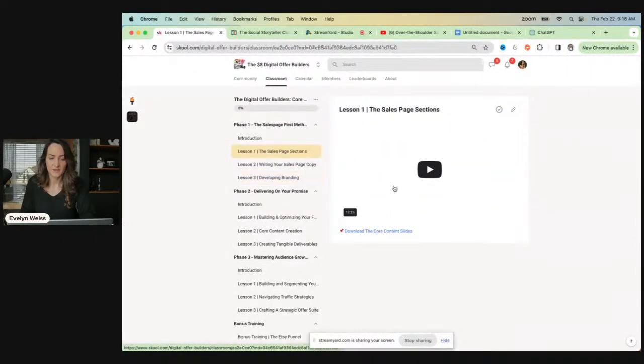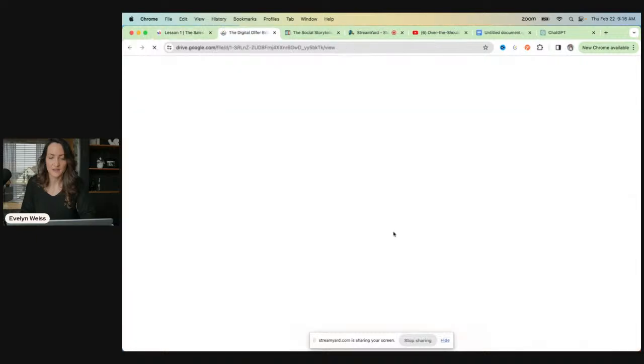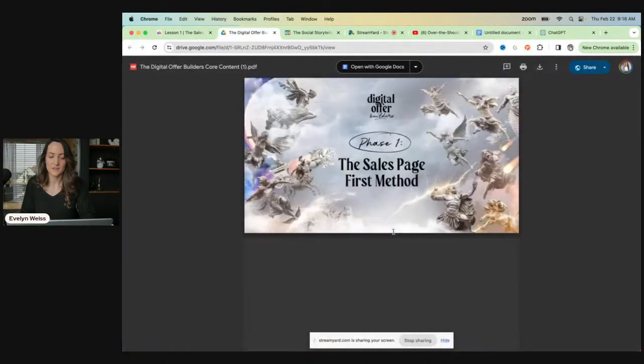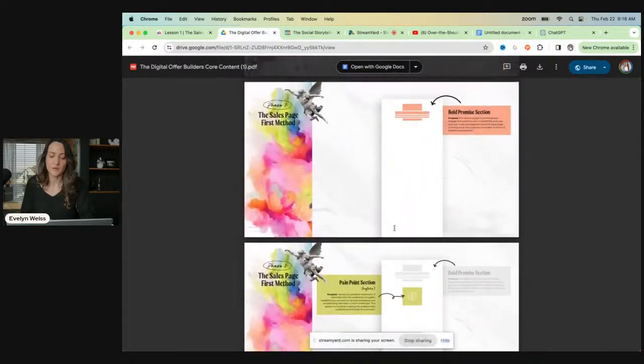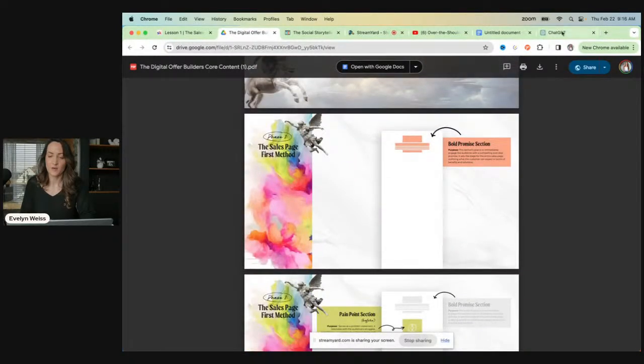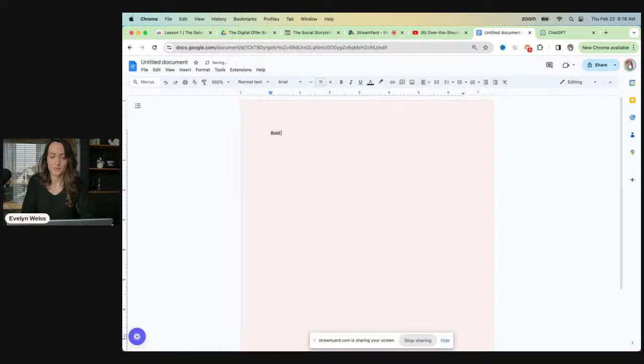Here, sales page sections, and these are the same sections that I use on any page, elements that we want to see on any page. So we have a bold promise, we have pain points, we have benefits, we have solution discovery, we have a what's included breakdown, we have some sort of proof.